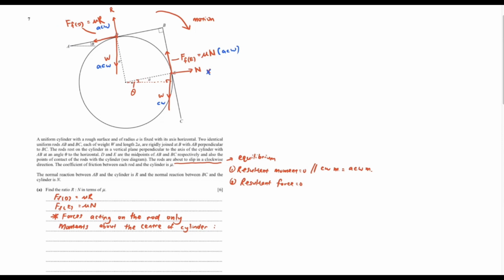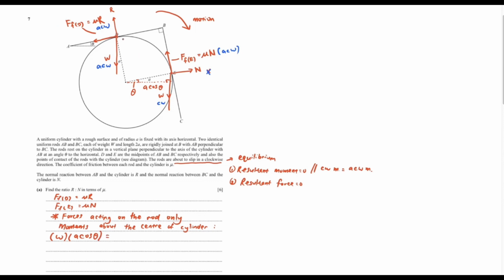This is the distance required, the perpendicular distance, by using A cos theta. So I have W multiplied with the perpendicular distance, W times A cos theta. So this one settles the clockwise.